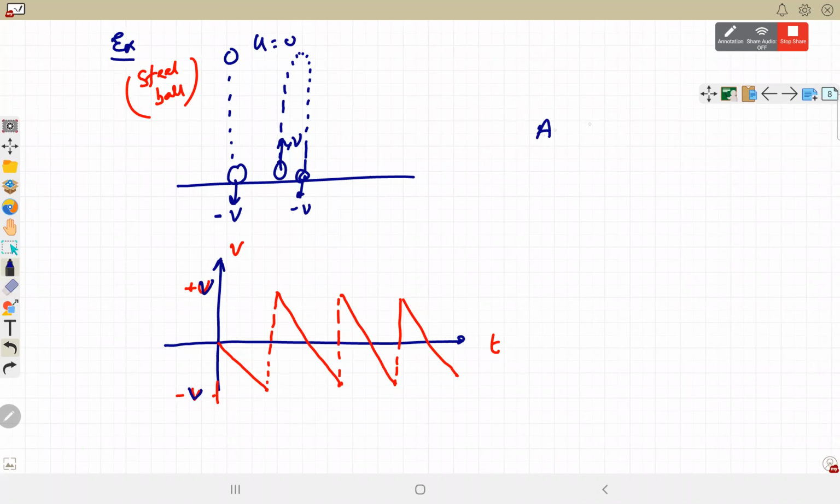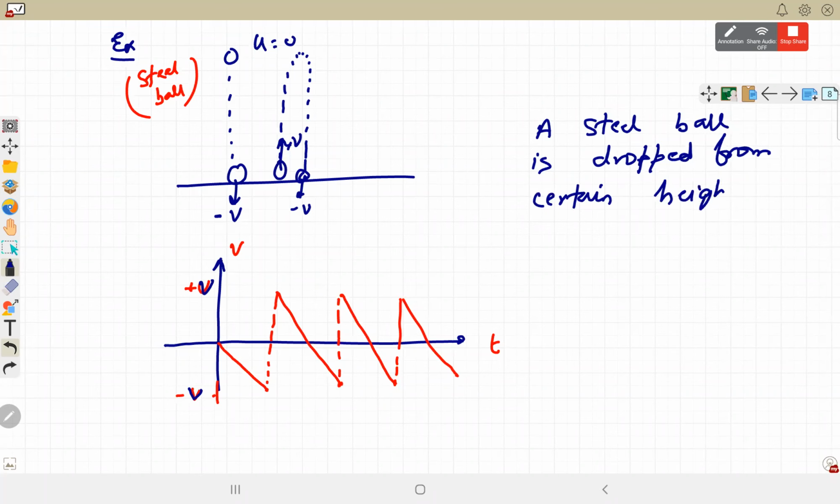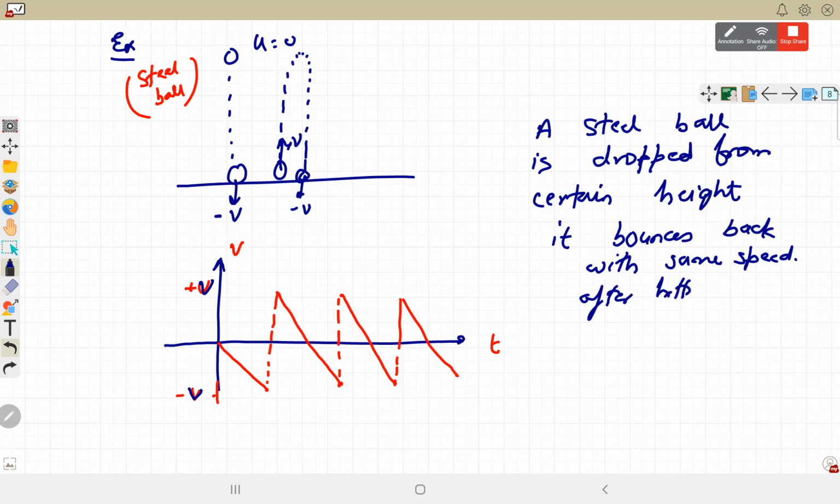A ball, steel or maybe quartz ball, is dropped from a certain height, and it bounces back with the same speed after hitting the floor.